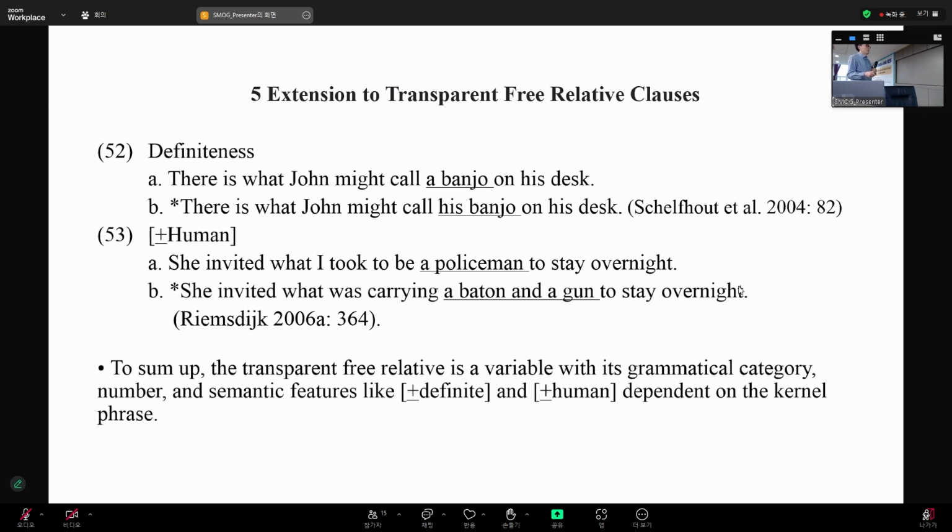On the other hand, 53b is not good because a baton and a gun have the feature minus human. So the what clause must have the feature minus human, and minus human is not compatible with invite. That's why 53b is not well formed. Okay, to sum up, the transparent free relative has variable grammatical category, number, and semantic features, depending on the clausal phrase.